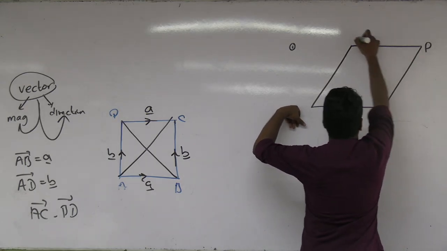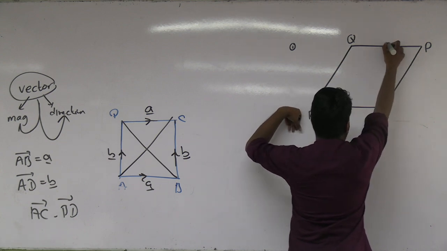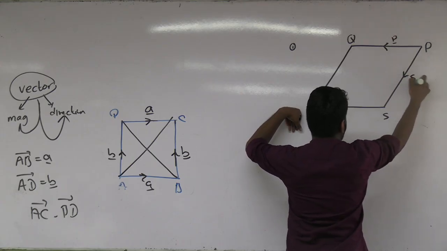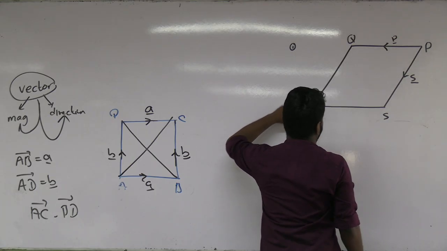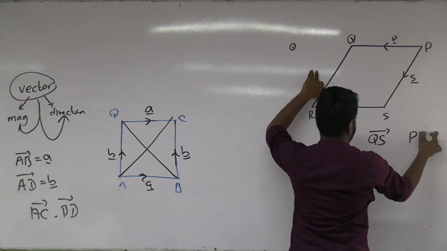This is P, Q, R and S. So this vector is simple P and this is S. Here you are supposed to find QS and PR.